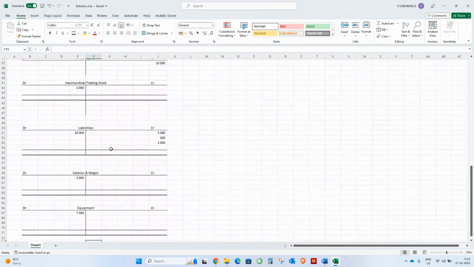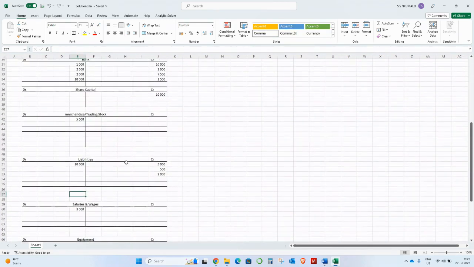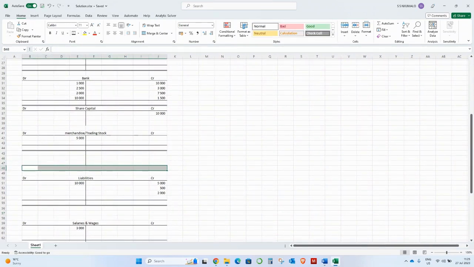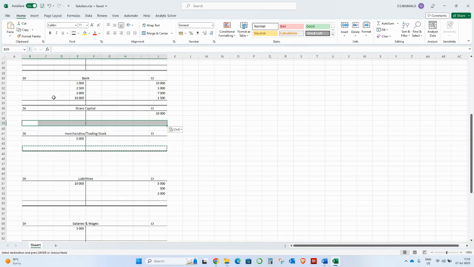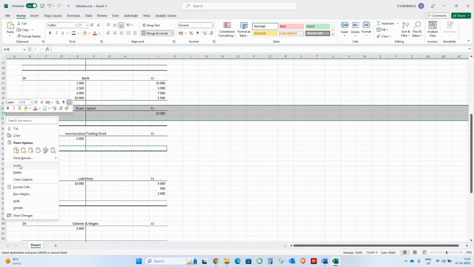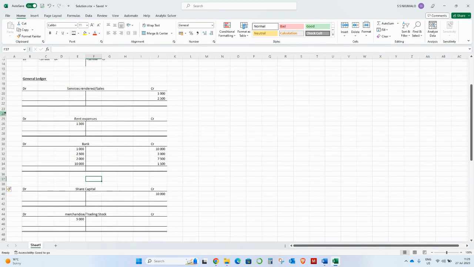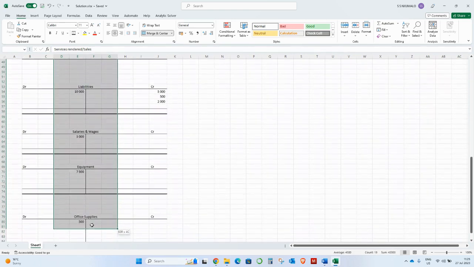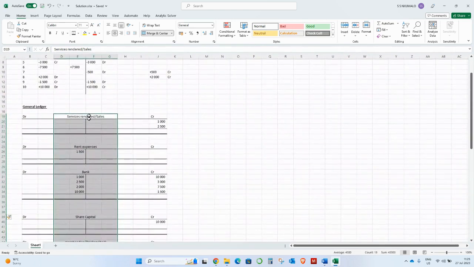This is where this one ends. Okay, this one we didn't close off. This is where we now put all the totals. This one I need to push down 2 lines. Okay, perfect. That's fine. Maybe I can even make this a bit bolder.